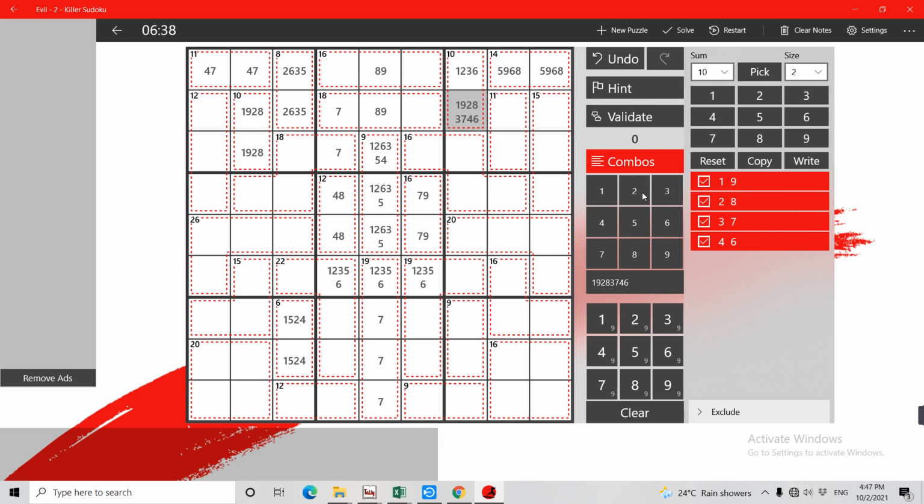Which means 1 plus 9, 2 plus 8, 3 plus 7, 6 plus 4. These are the possible combinations.